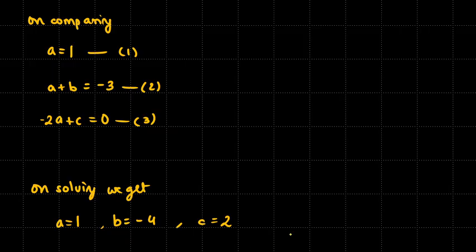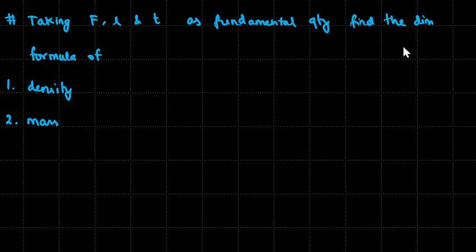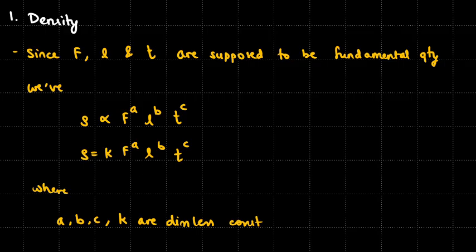Now we have a, b and c. Let's see what the question asks once more. It asks for the dimensional formula, not this formula. So to write the dimensional formula, rho will be k times F to the power 1, L to the power minus 4, T to the power 2.